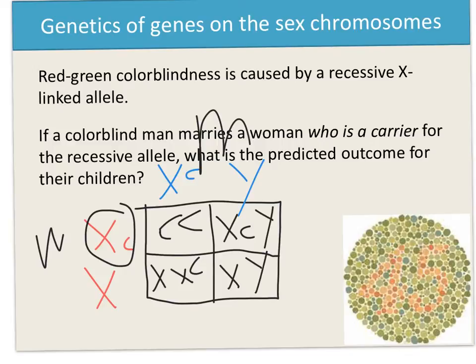Okay, so let's take a look at this. We have a female here, child. We have a male child here that is, in fact, colorblind. On the bottom, we have an X and an X^C, a carrier, and so this is a carrier female.